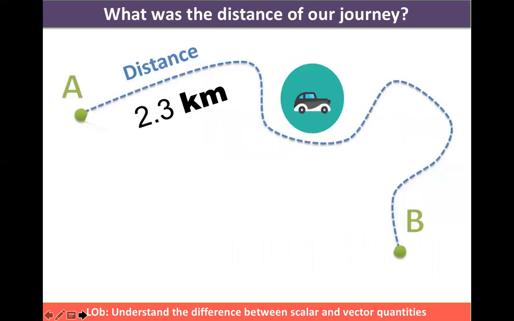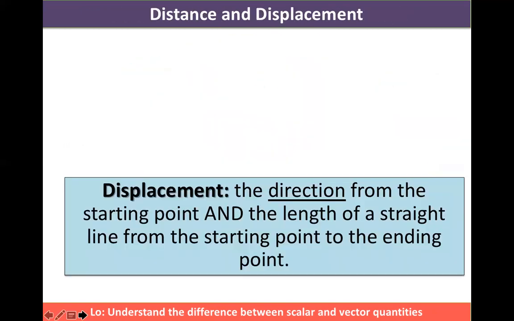Okay, then I'll change to displacement. Remember, our distance is this, and then displacement. Okay, here you go. The direction from the starting point and the length of a straight line from the starting point to the ending point. That is displacement. Please write that down as well.